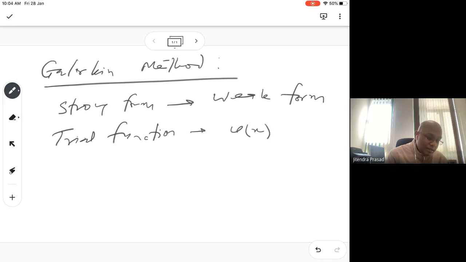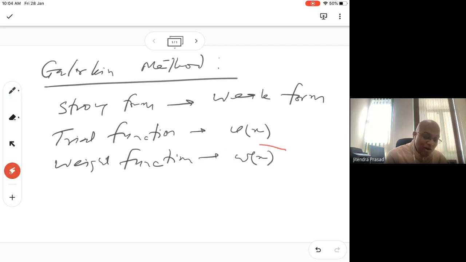Then there is a weight function that we also assume, which can be of the same form as u(x) as long as it satisfies its own boundary conditions, I mean, the essential boundary condition. That's what we're talking about.